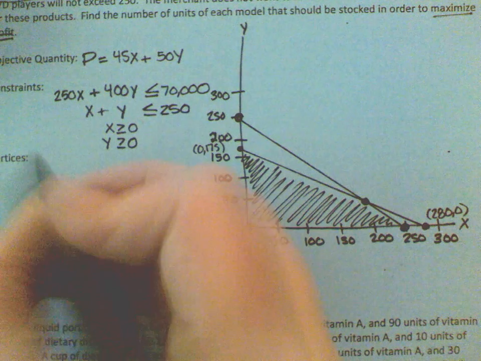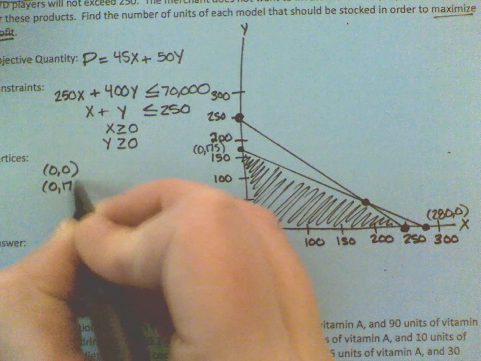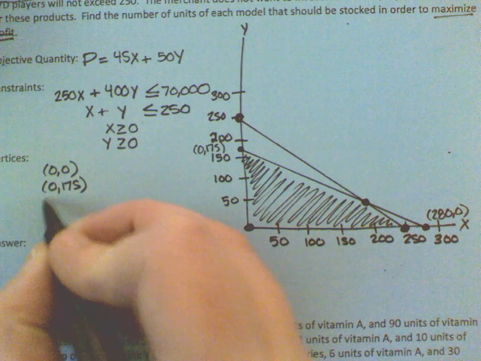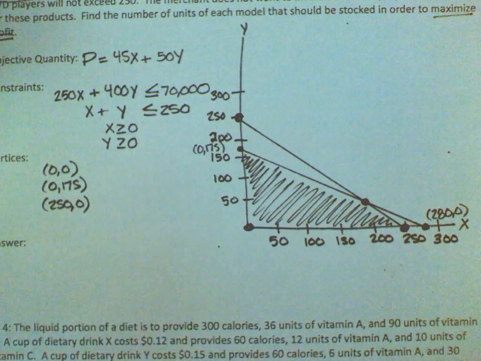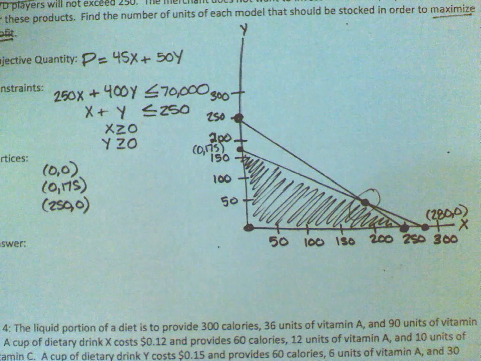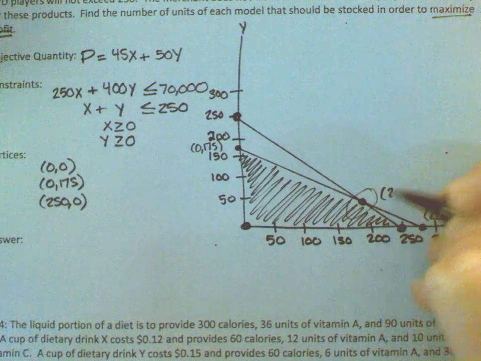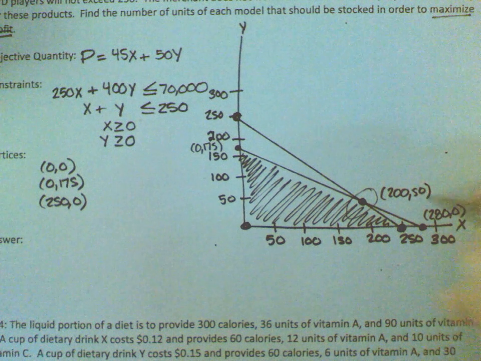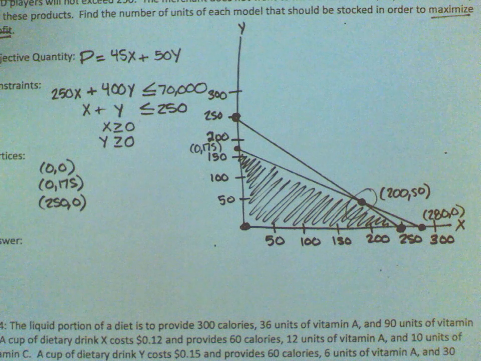So I've got vertices at (0, 0), (0, 175), (250, 0), and then this vertex right here, which to me looks like it might be at (200, 50), but I didn't graph on a nice piece of paper.